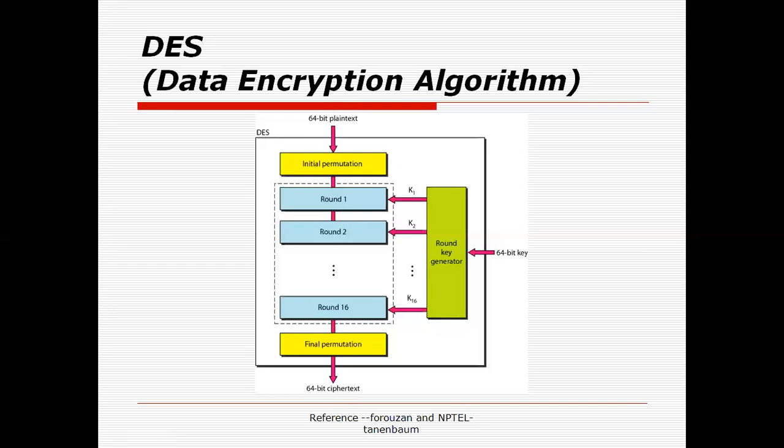Then we perform 16 rounds of operation, called round 1, round 2, round 3, up to round 16. In these 16 rounds, we perform complex substitution, permutation and rearrangement, and these operations are performed along with the key. It means in the first phase, the initial permutation and final permutation, the actual key is not used.